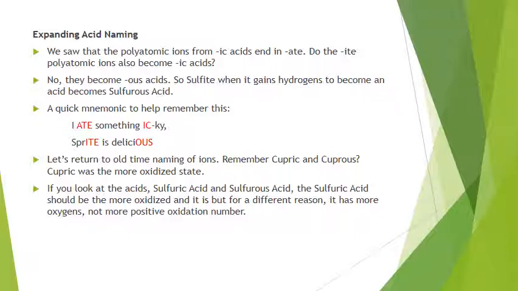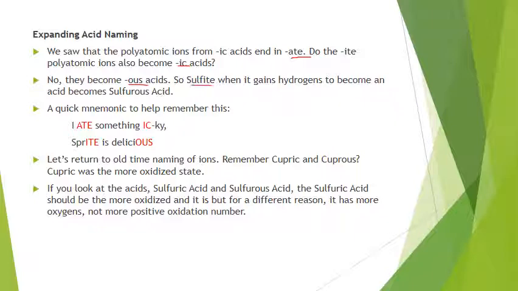Expanding acid naming. We saw that polyatomic ions from ic acids end in ate. Phosphoric acid becomes phosphate. What are the ites? Do they become ics? No, they become ous acids.